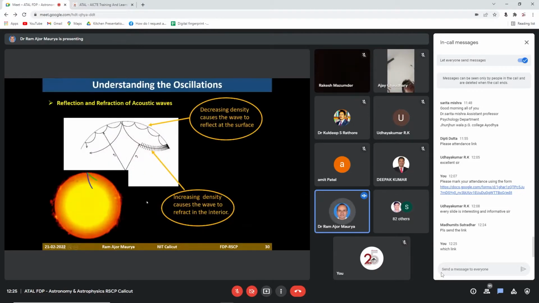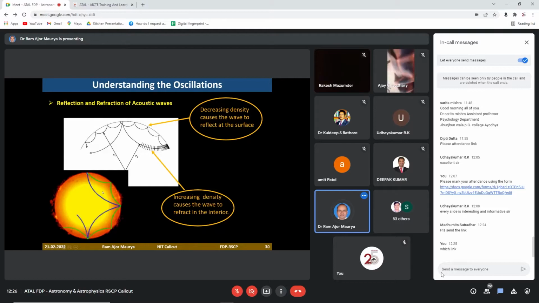And if we can separate these waves, for example, here we have the green and blue. You can see the green one is trapped close to the surface, and the blue one is going deep in the interior. In another way, you can say that the waves with shorter wavelength are trapped close to the surface, and waves with longer wavelengths are trapped deep in the interior, right?